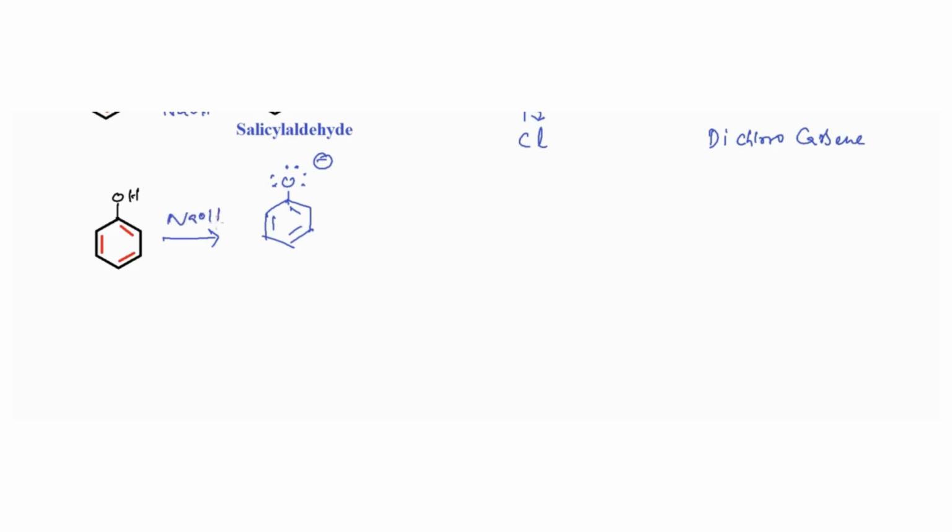Okay, that we learned. Now what is going to happen? Now it's going to react with dichlorocarbene like this. Now this is going to act as an electrophile, so this lone pair comes here and attacks, and finally you will get this one.